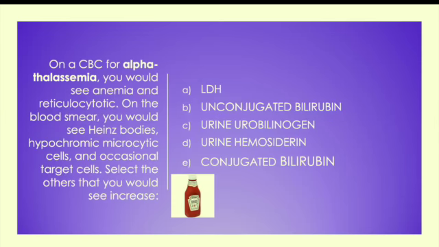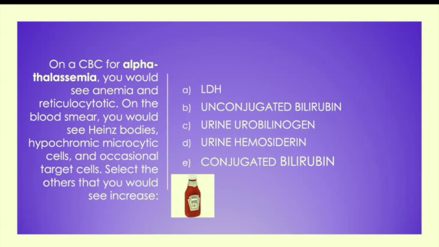Okay, this question is on alpha thalassemia. It says, on a CBC for alpha thalassemia, you would see anemia and reticulocytosis. On the blood smear, you would see Heinz bodies, hence the Heinz ketchup, the red Heinz ketchup. Blood equals anemia equals alpha thalassemia, if you can remember that.